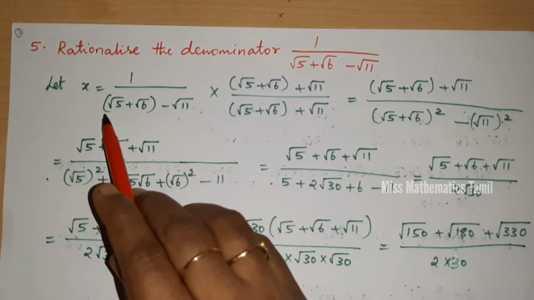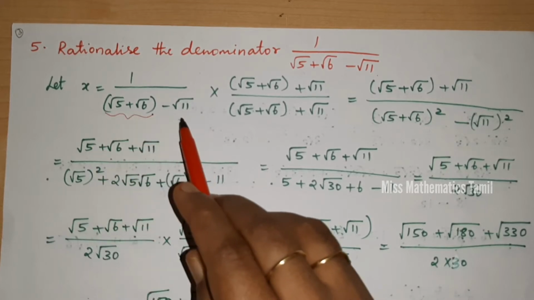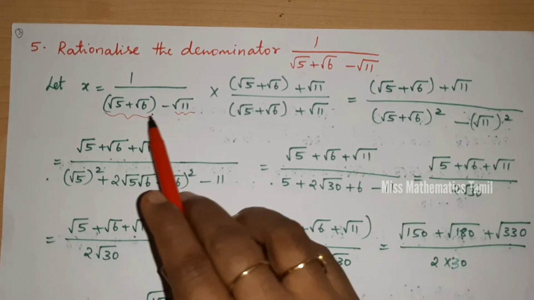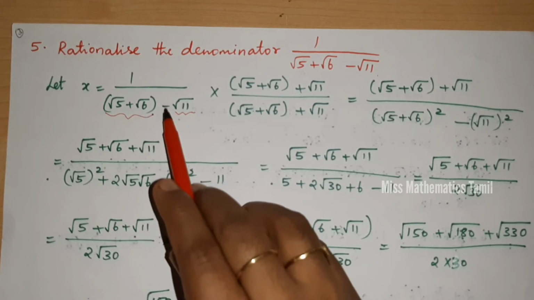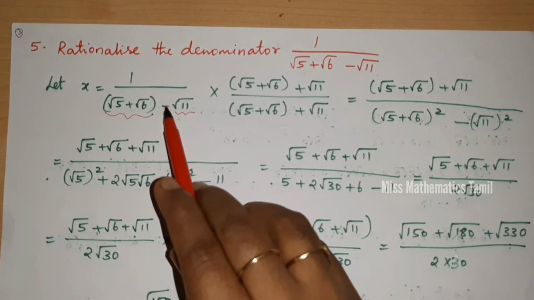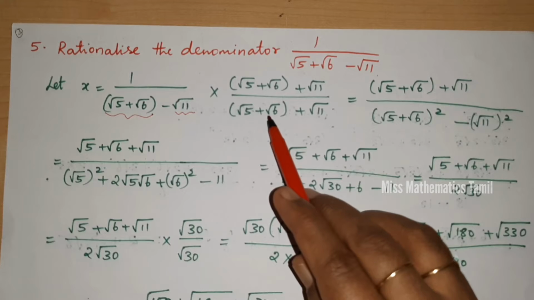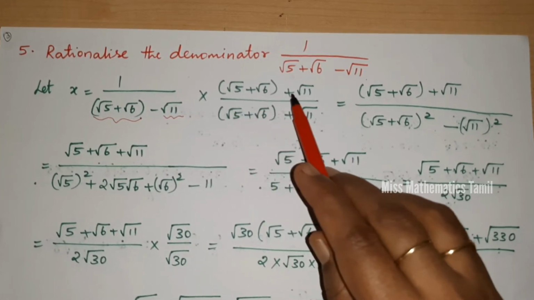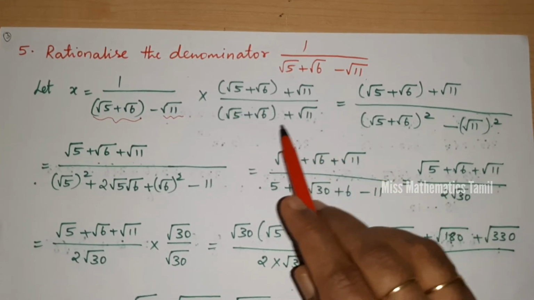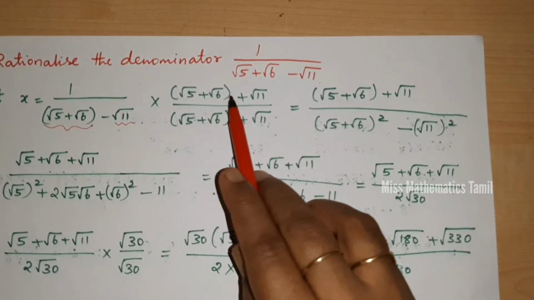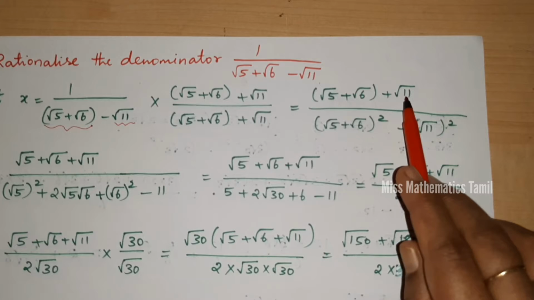Automatically you can imagine this one is the first term and this one is the second term, right? Then we will change the sign here and multiply numerator and denominator. So root 5 plus root 6 plus root 11.